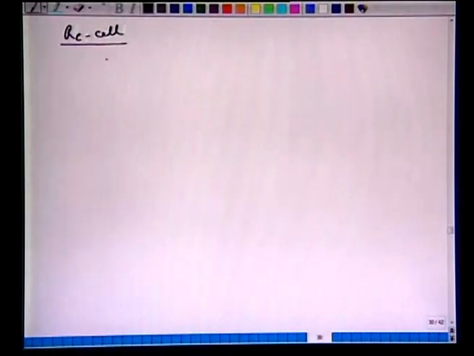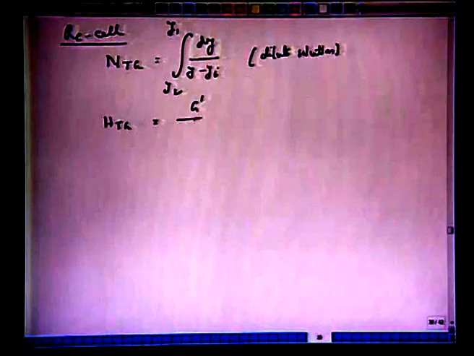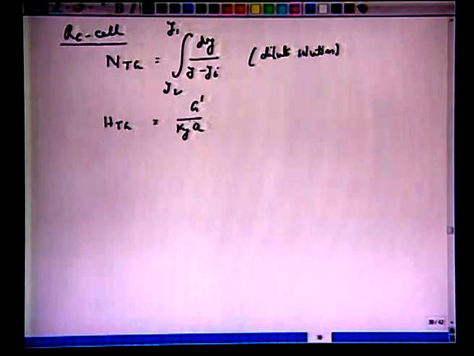in the previous lecture we had NTG as the integral of dy over y minus yi from y2 to y1, and this is assuming dilute solutions, a simplified case, and we had HTG as G prime over kya.